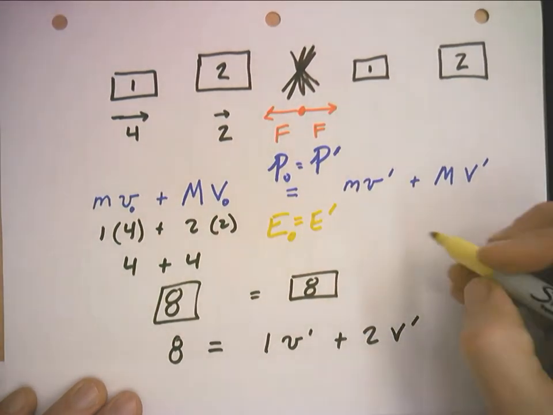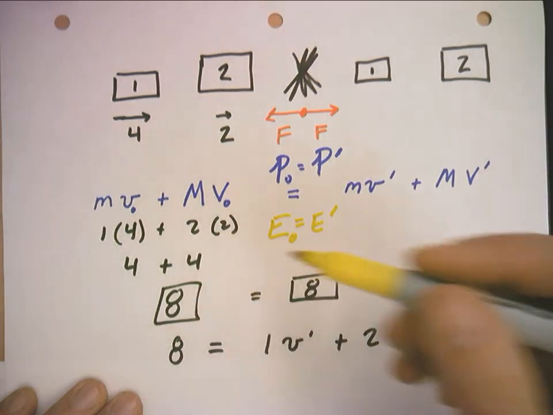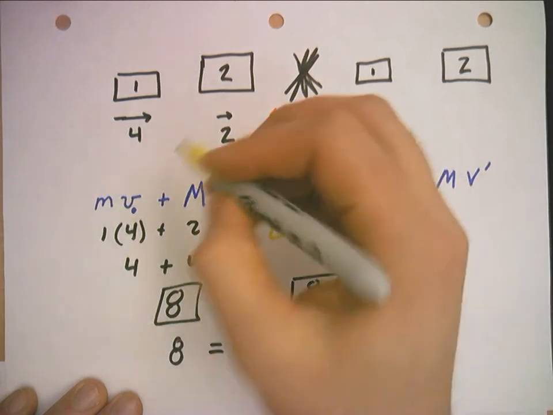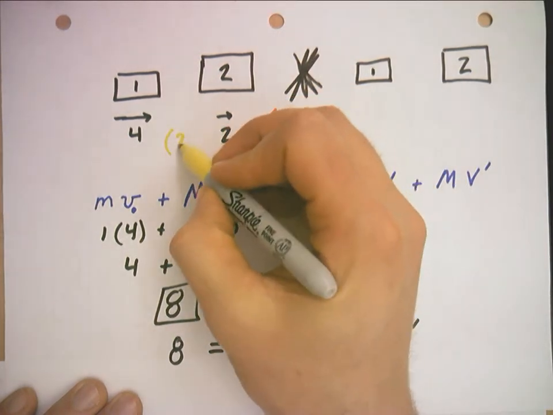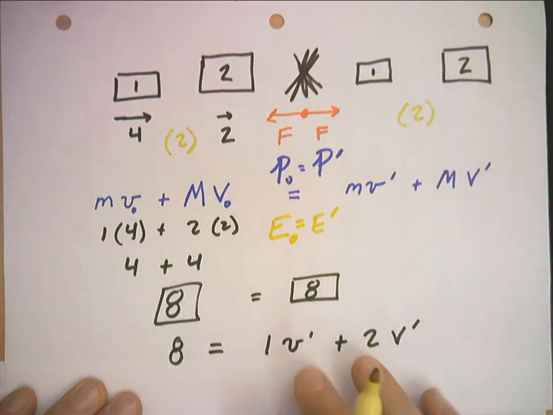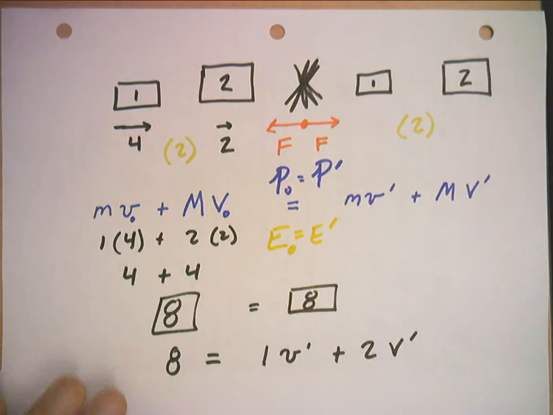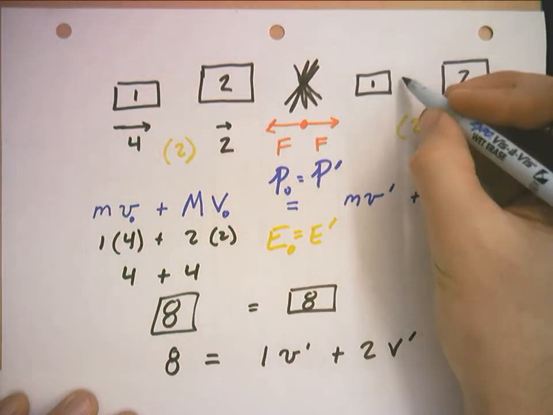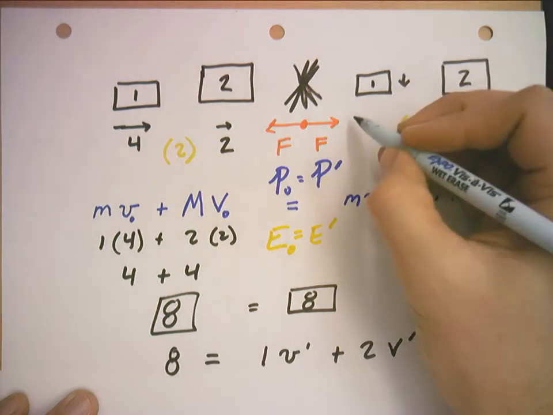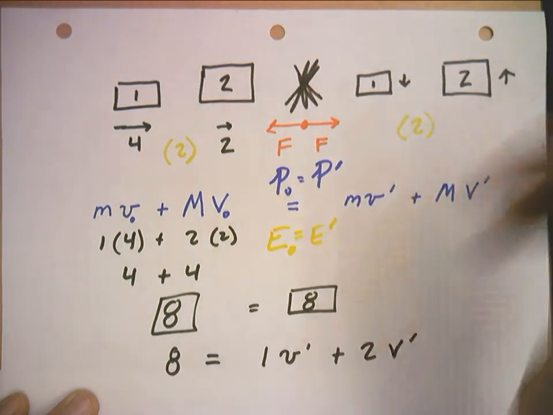So we can then say whatever the difference was in the velocity prior to the collision, which will be 2, will be equal to the difference in the velocity post-collision. We also know that the 1 kilogram object will slow down, so we can predict a slowdown for its v, and we can also predict that the 2 will speed up.